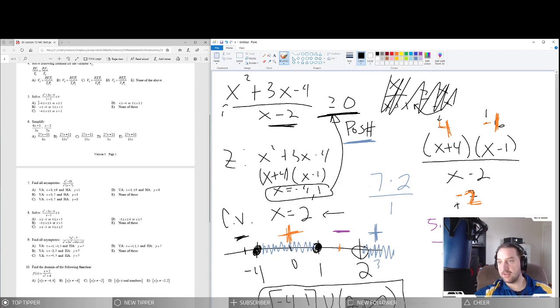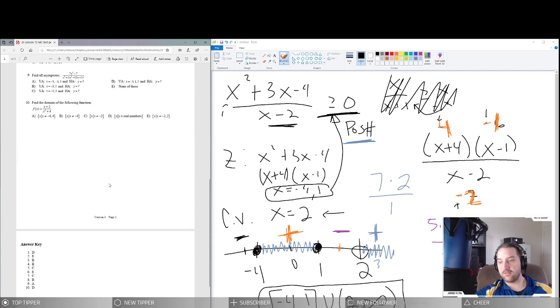It looks like A has -4 to +1. So does C. And then the values greater than 2, so x is greater than 2. It can't be equal to because it's not a bracket, it's a parenthesis. So it looks like it's going to be C. So let's verify that. Bam.